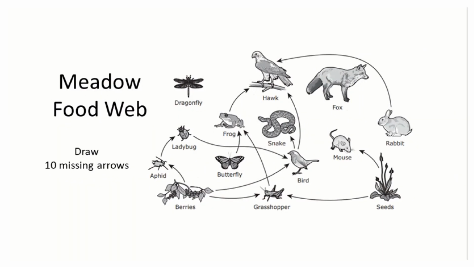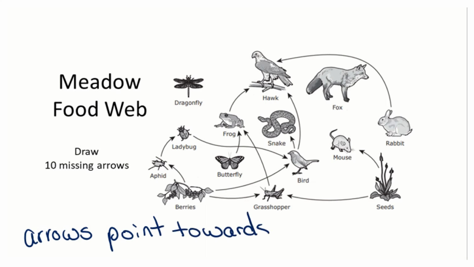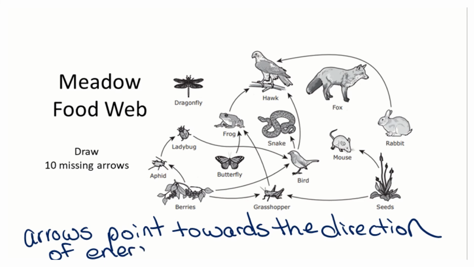Before we begin by trying to figure out what those 10 missing arrows are, let's first review what the arrows symbolize. Now, arrows point towards the direction of energy flow.